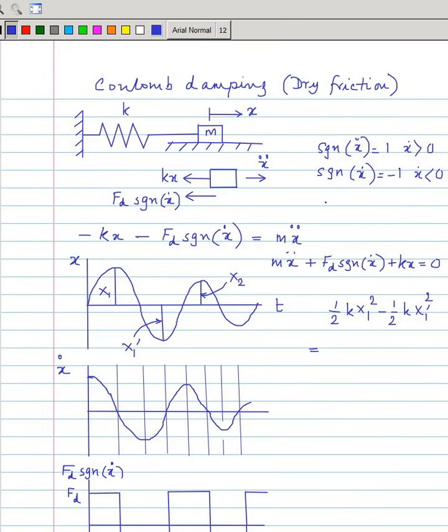Sign x dot can also be written as x dot by magnitude of x dot.